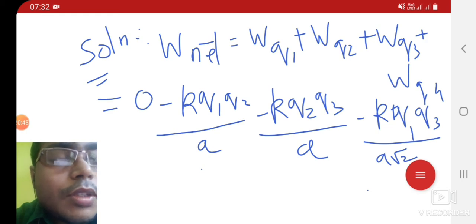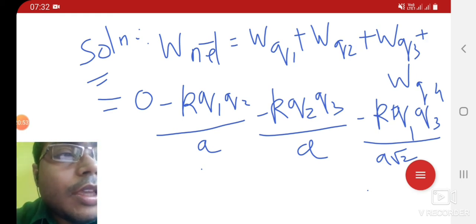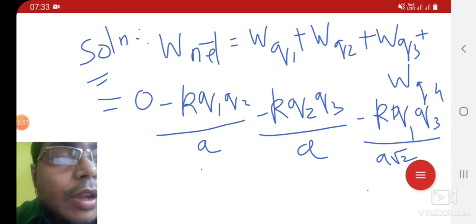Why? Because this time Q1 is the diagonal charge, so the distance will be A times root 2.